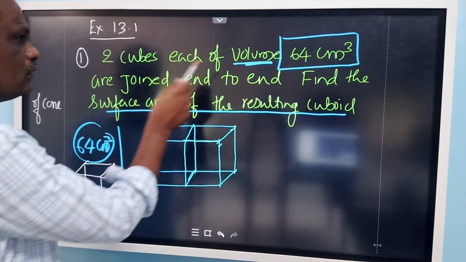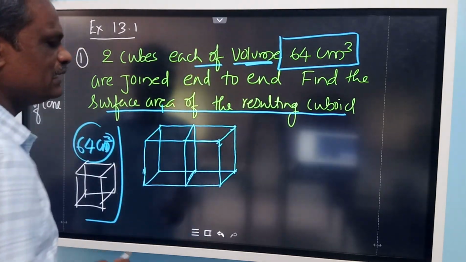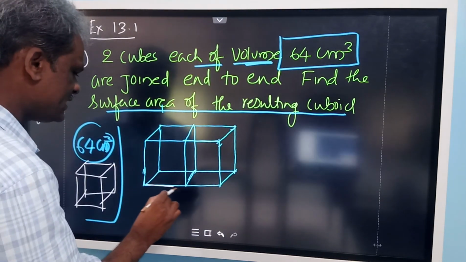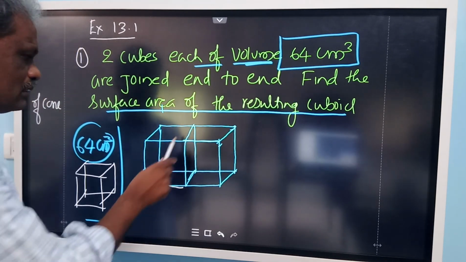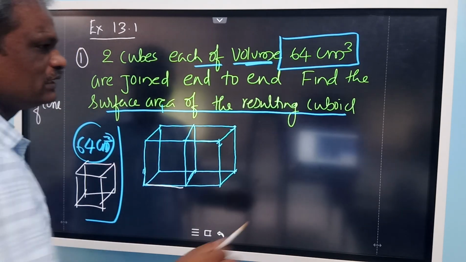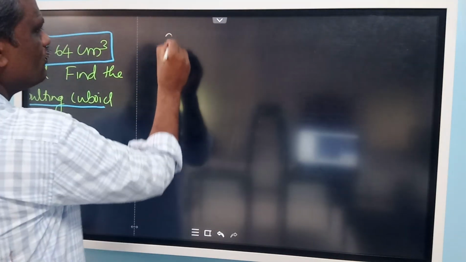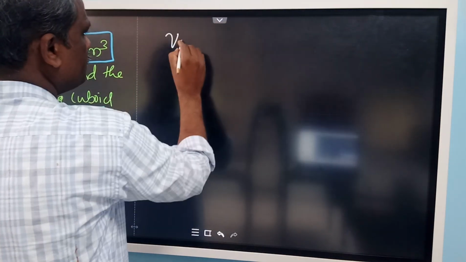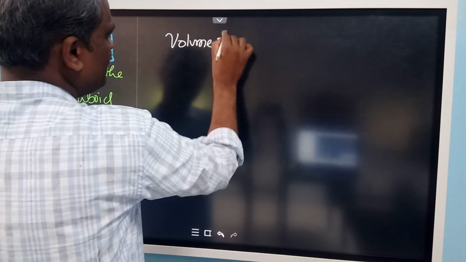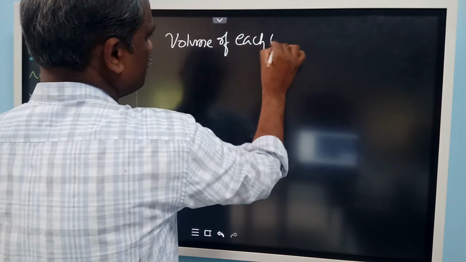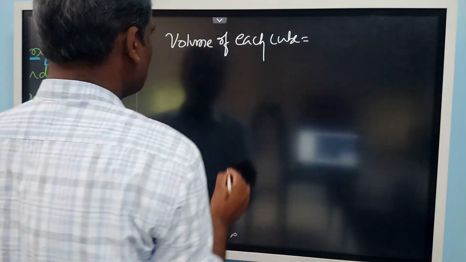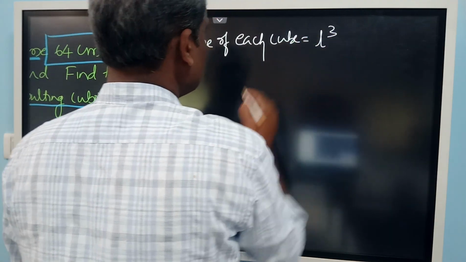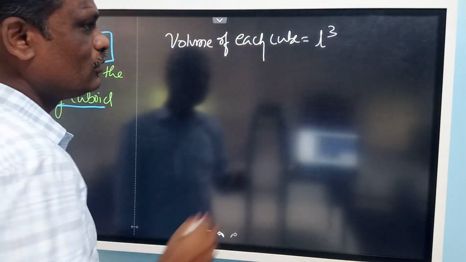Now, volume of each cube, using this, you can find out the edge of one cube. So volume of each cube is equal to L cube, that is L to the power 3.